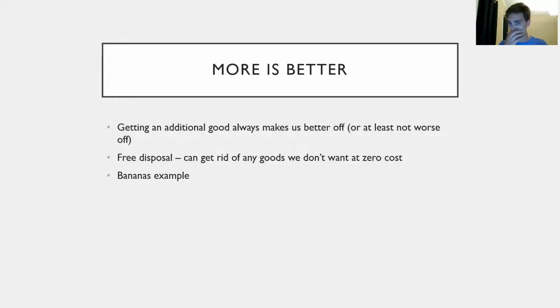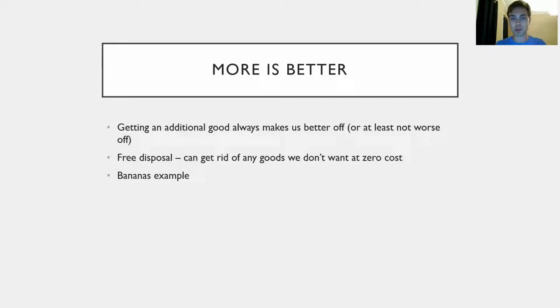And then even if you get to some point where you have so many bananas that they're just tough to store, you don't know where to put them, they're going to rot and go bad, you have this tool called free disposal. So 1 additional banana at the very worst can do you no harm, because if you get one that will be annoying for you to have, you can always dispose of it at 0 cost.